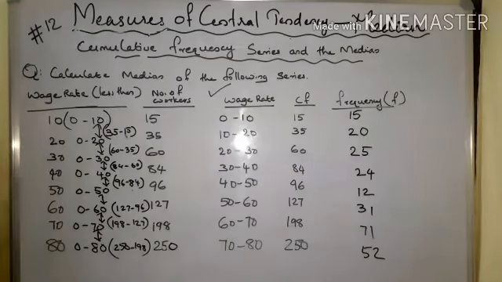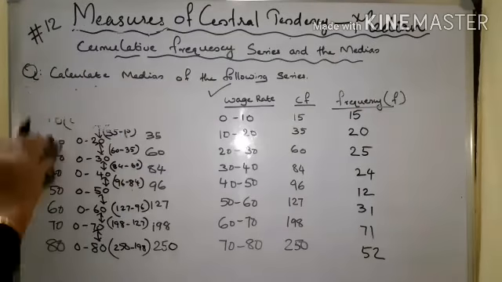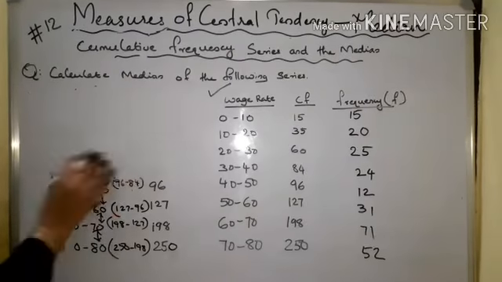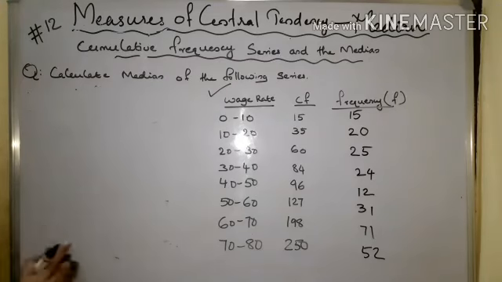We converted the question into proper class intervals and frequency, and the cumulative frequency is already given in the question. Then we find the median class and put its values in this equation.